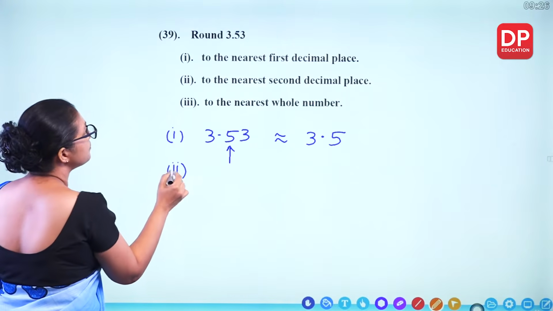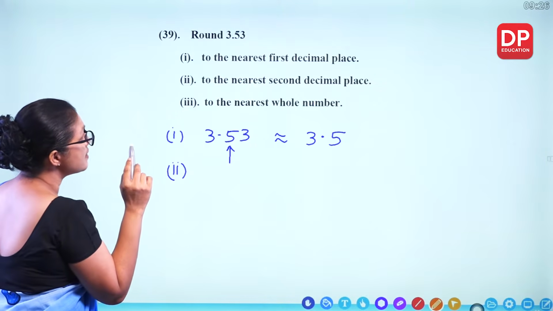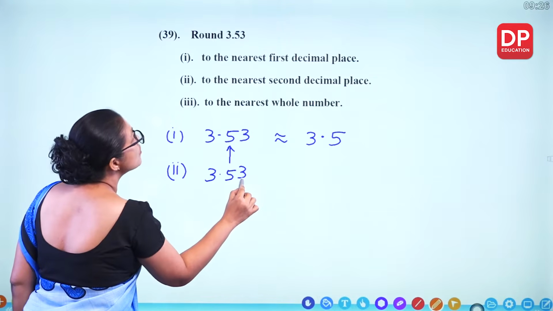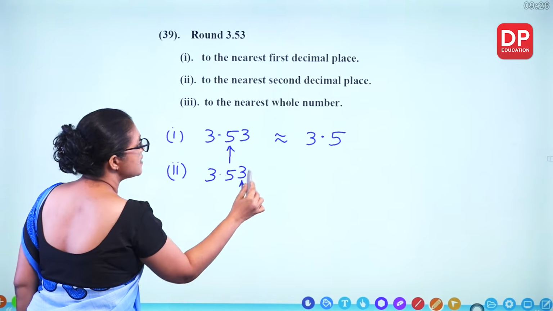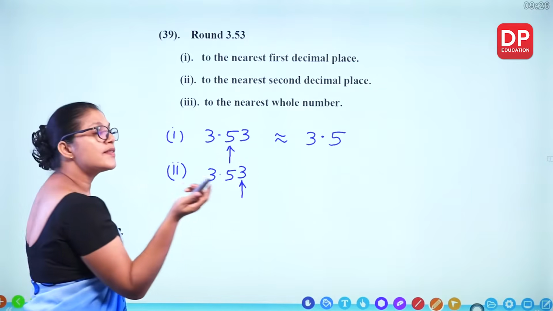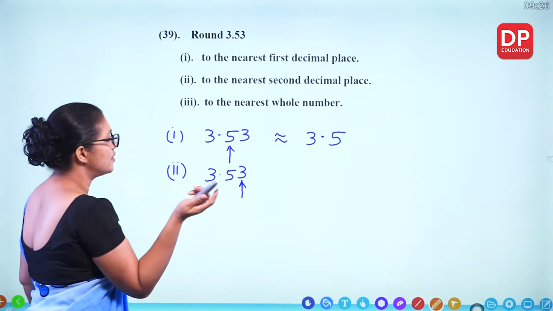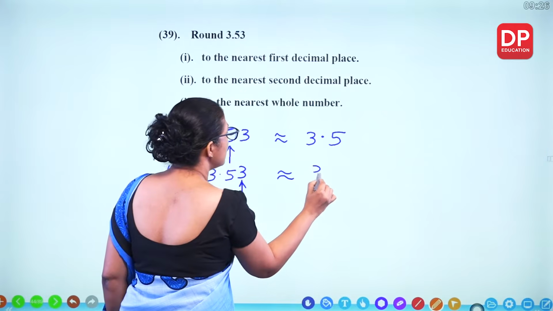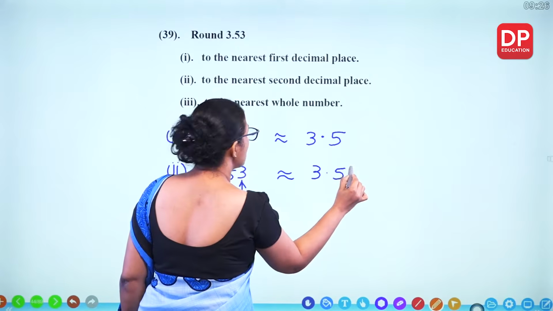Second one, to the nearest second decimal place. 3.53 to the second decimal place. Nothing there. So we can take as 0. 0 is less than 5. So we are not adding. So 3.53.